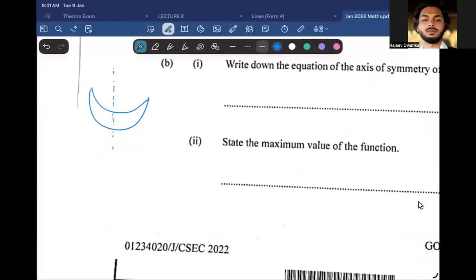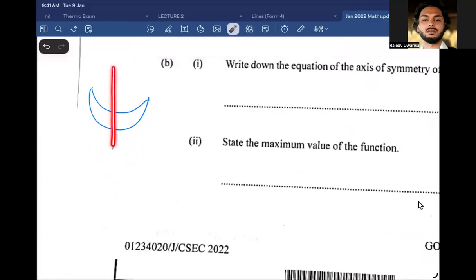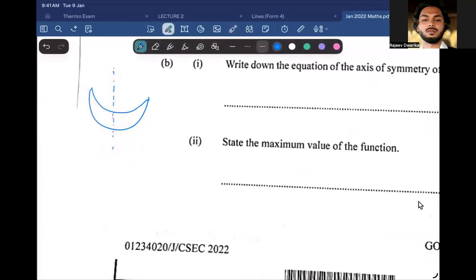Imagine you take a mirror and you put the mirror over here, this is where you would see the mirror. Let me get another example. What about a heart? Where do you think the line of symmetry for that would be? In the middle, sir, right here.